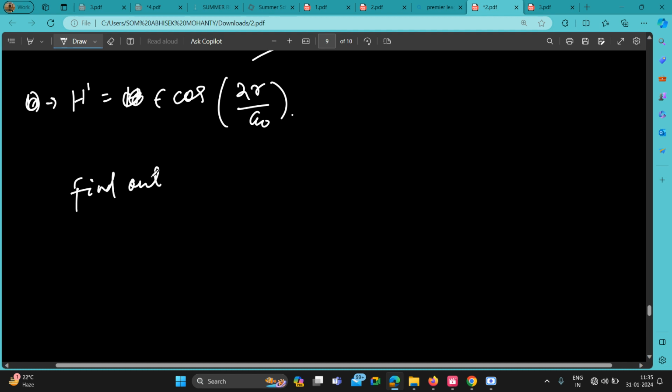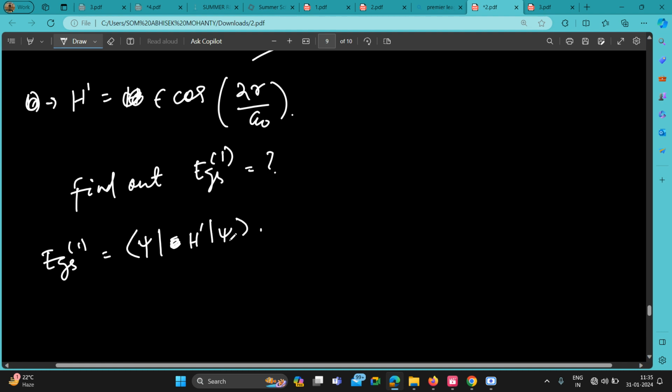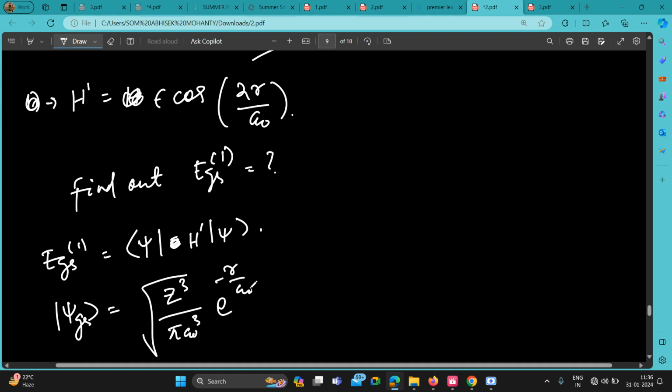So find out E GS, first order correction of ground state. So how will you do it? EG is what? Psi H dash psi. Okay. Now the ground state wave function of hydrogen atom is what? 1 by pi a naught cube root over, e to the power minus r by a naught. Okay. So we'll just put it here.